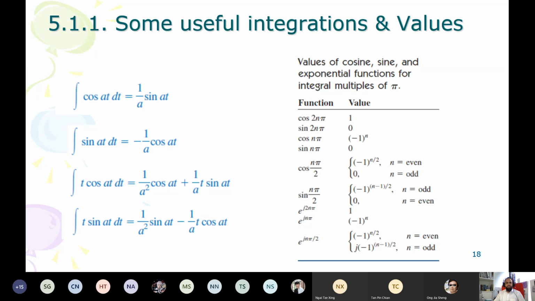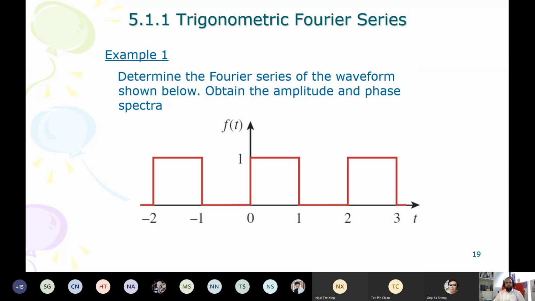All right. Once we have this, let's find the trigonometric Fourier series of this function. Let me just introduce this problem, and then we'll take a break. We have this function f(t), and we want the Fourier series expansion of this waveform.